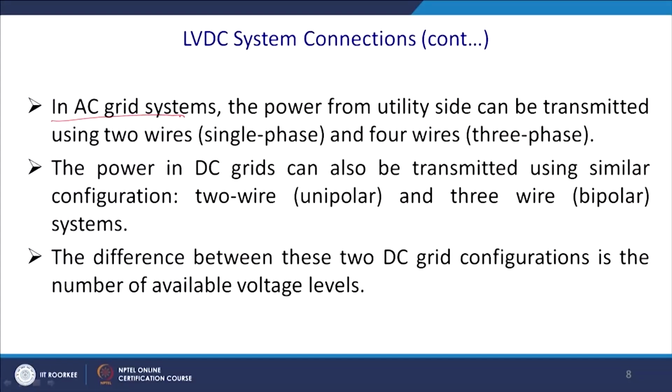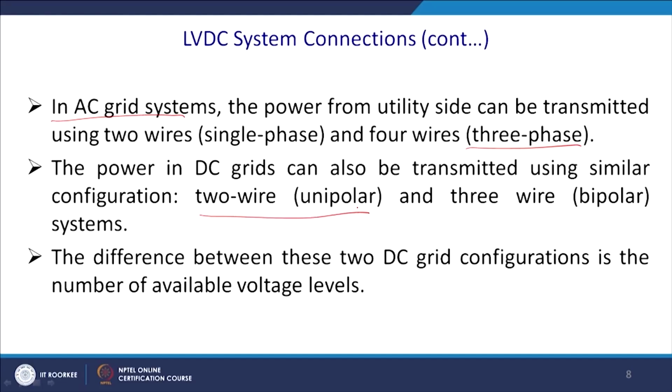In AC grid systems, power from the utility side can be transmitted using 2 wires for single phase and a 3-phase 4-wire system for 3-phase with the neutral. Power in the DC grid can be transmitted using a similar configuration: 2-wire unipolar and 3-wire bipolar.